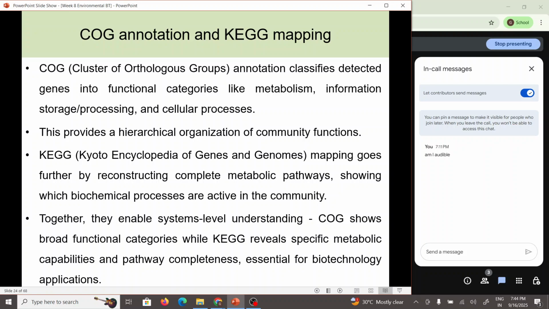And the next part is the COG annotation and KEGG mapping. COG stands for Clusters of Orthologous Groups. COG annotation classifies the detected genes into functional categories like metabolism, information storage and processing, and cellular processes. Orthologous groups talk about similarity.